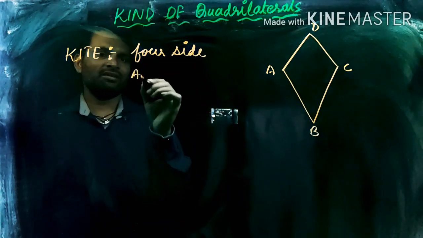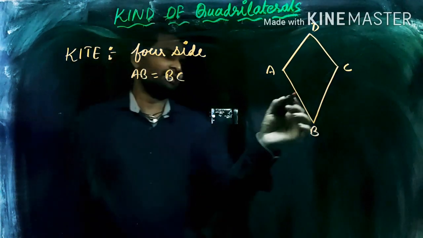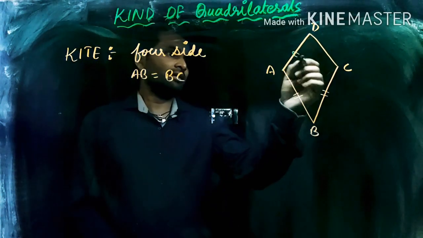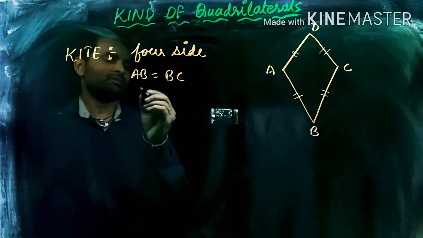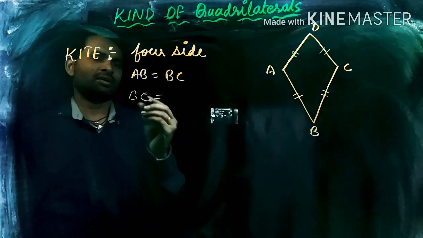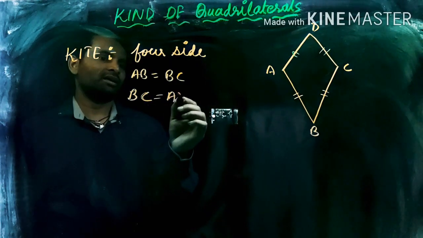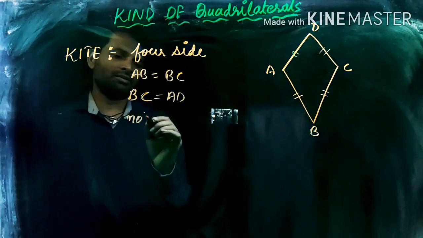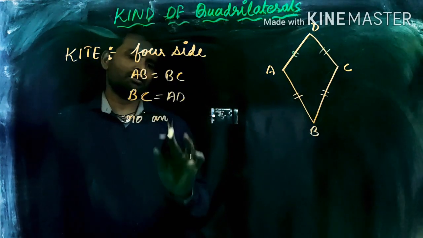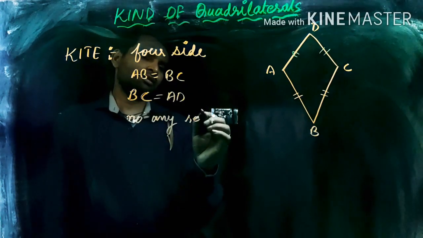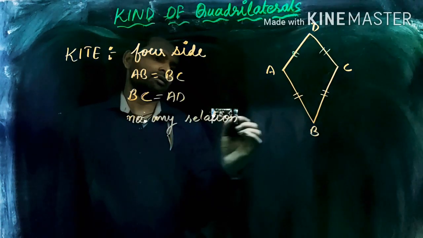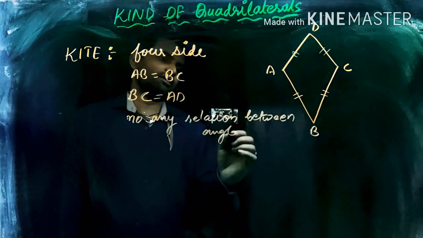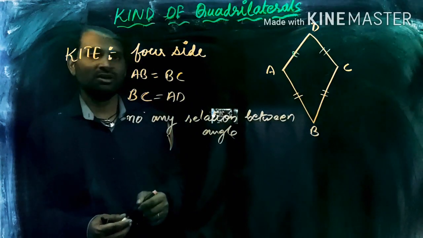The side AB is equal to AD, and this side BC is equal to this side CD. There is no relation between the angles, only a relation between the sides. These are very simple quadrilaterals.